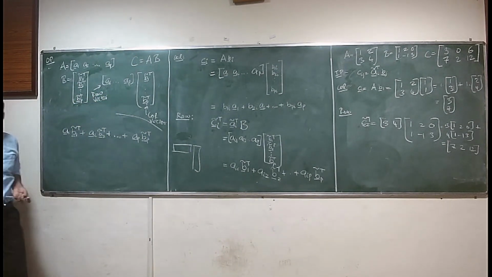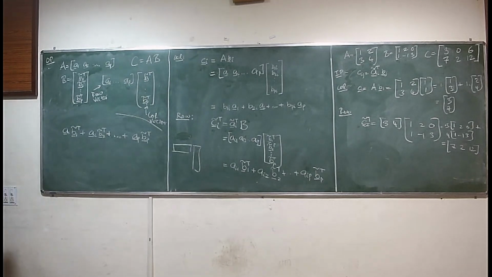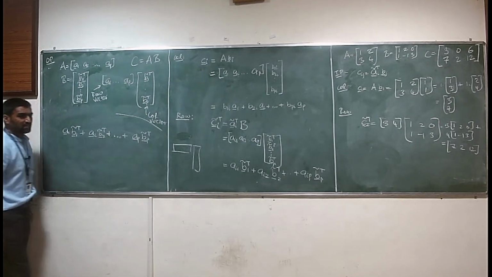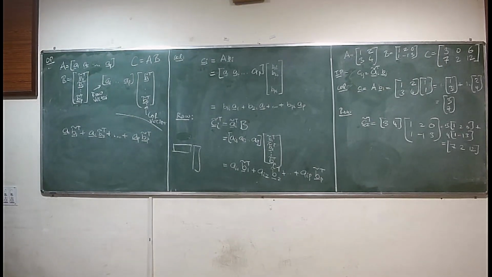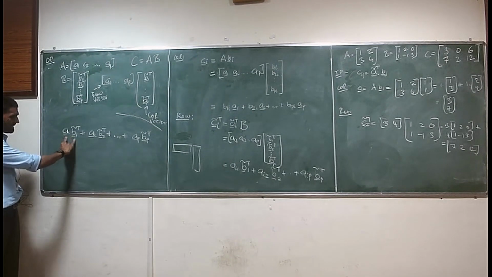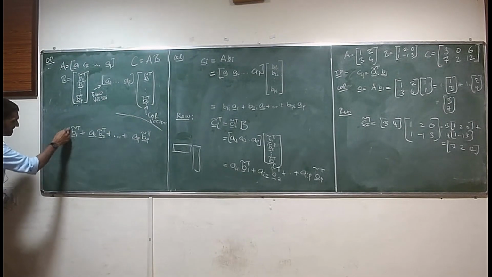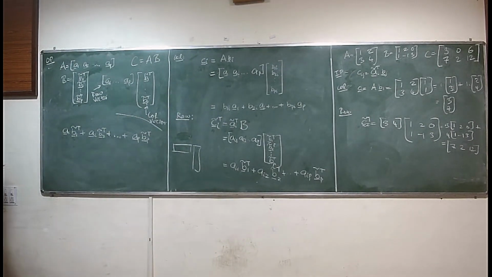Am I allowed to do something like this? What I mean is, am I allowed to do this individual multiplication here? Is that a valid operation? I am doing a matrix multiplication here, but is that a valid matrix multiplication? All you have to do is check if the rows of this match with the columns of this, that's all. No?